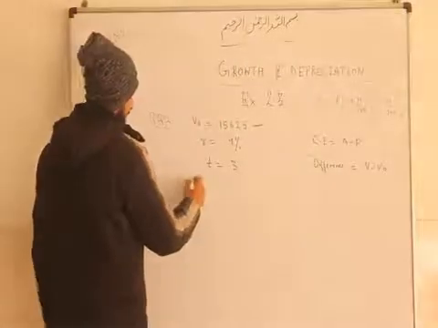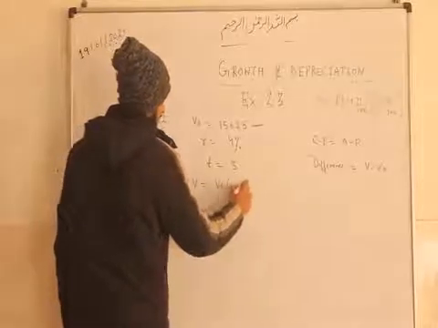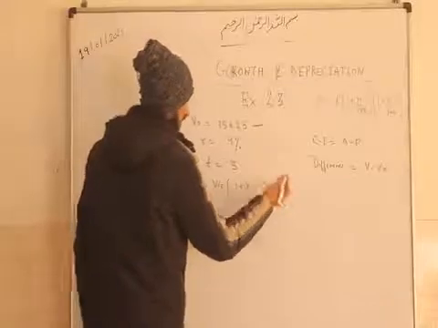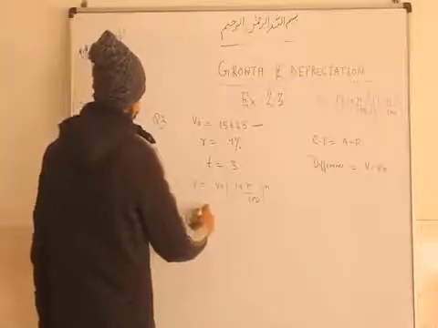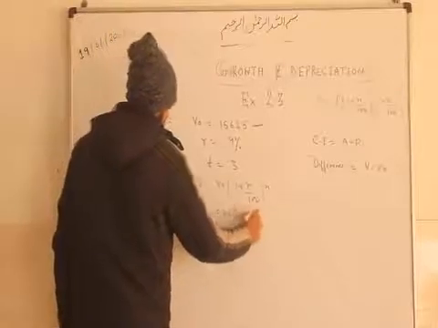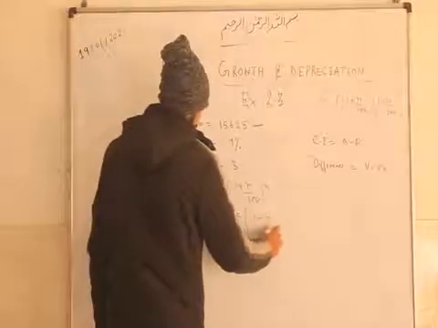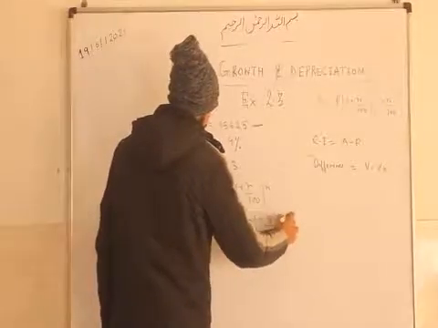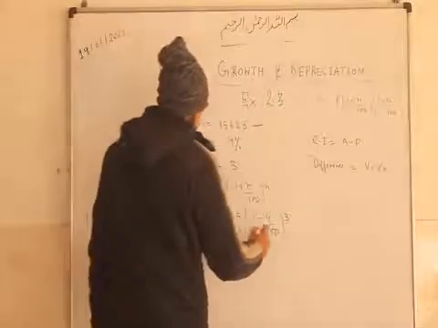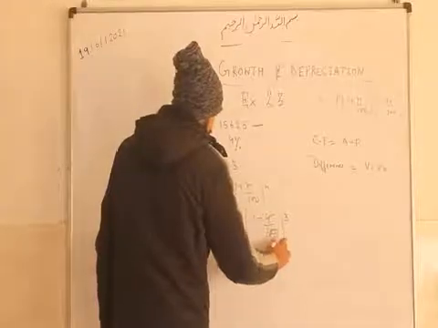So calculate V first. V equals V naught into 1 plus R by 100 whole to the power N or T, whatever. So V equals V naught, which is 15,625, into 1 plus the rate, which is 4%, to the power of 3 years. Okay, now solve this. So 4 ones are 4, 4 twos are 8, 25.